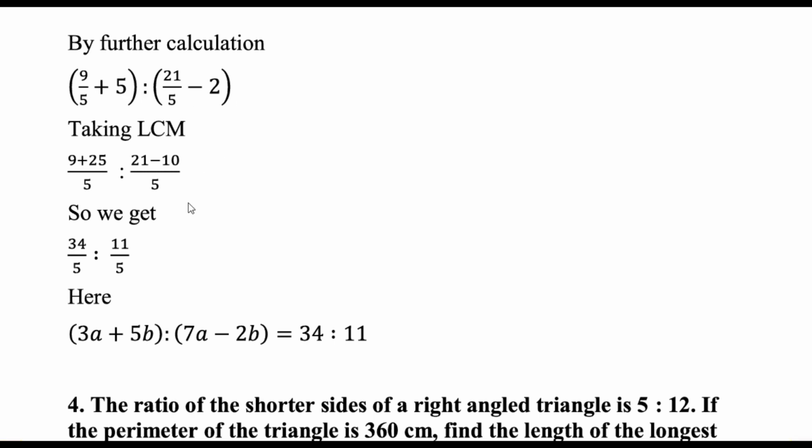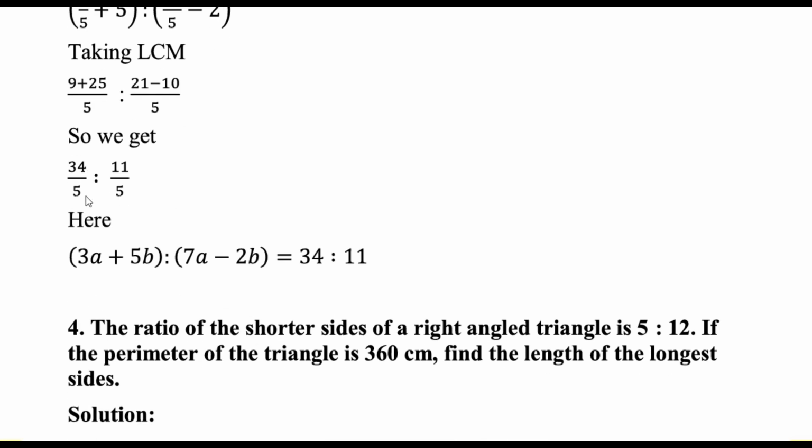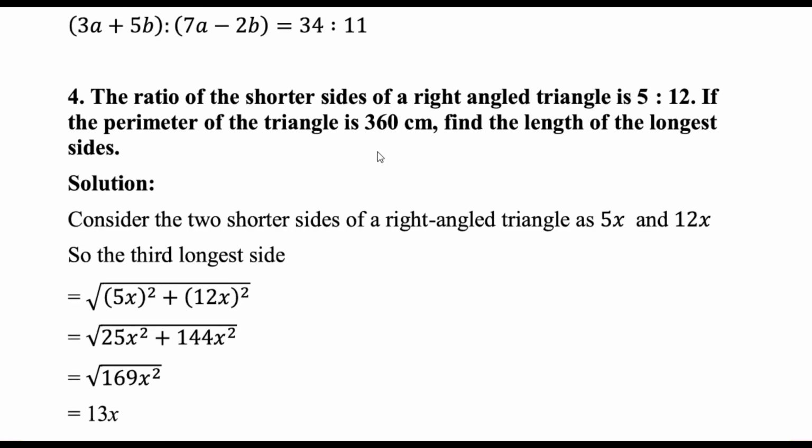Taking LCM, you will get 34 by 5 is to 11 by 5. So (3a plus 5b) is to (7a minus 2b) is equal to 34 is to 11. Let's come to the next problem.